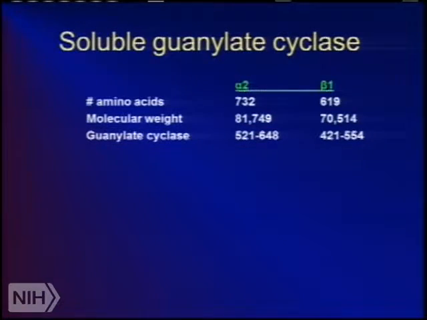So the difference is that the ANP receptor binds ANP to elevate the cyclic GMP, whereas the soluble guanylyl cyclase responds to calcium, and then the nitric oxide synthase makes nitric oxide, which activates the guanylyl cyclase.